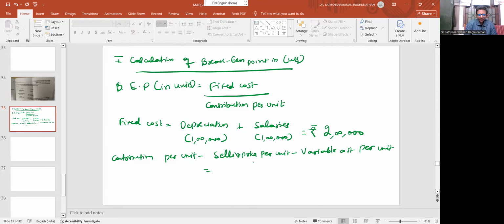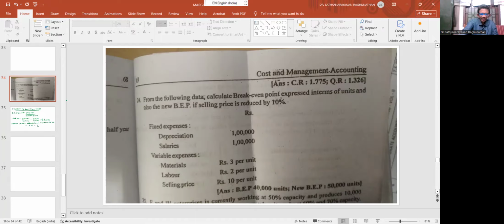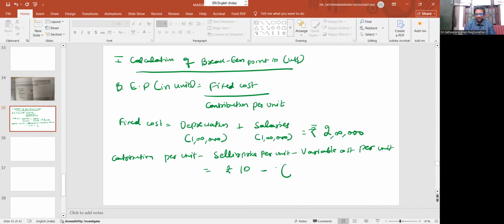Rupees 10 minus what is the variable cost per unit? Materials and labor both include the variable cost. Material of rupees 3 per unit and labor of rupees 2 per unit. 3 plus 2, 10 minus 5. That's all.